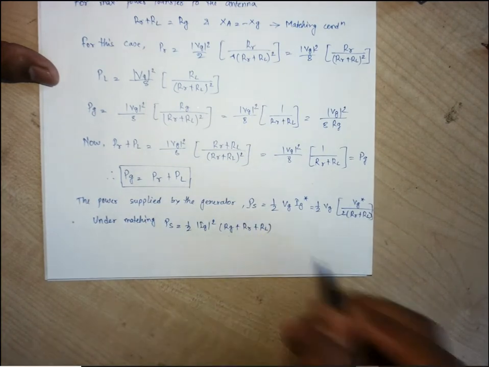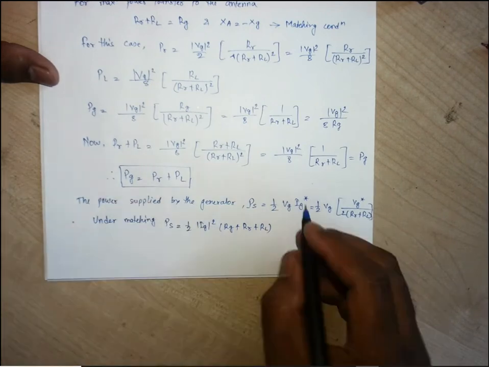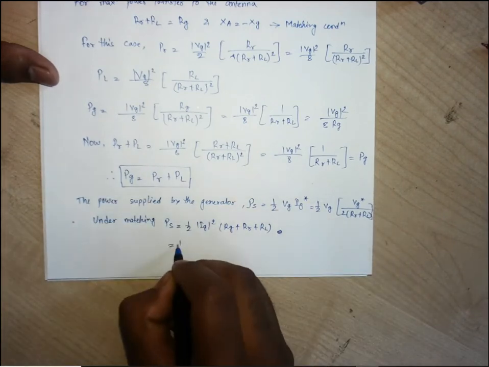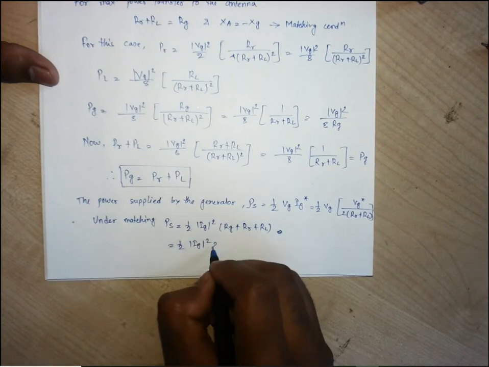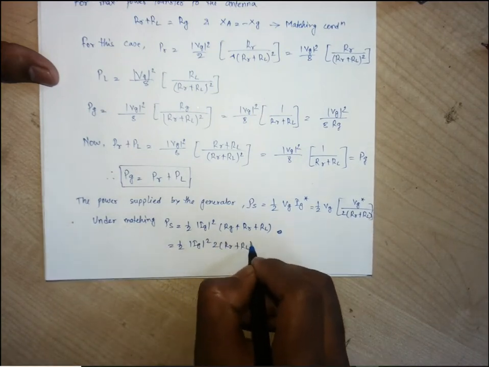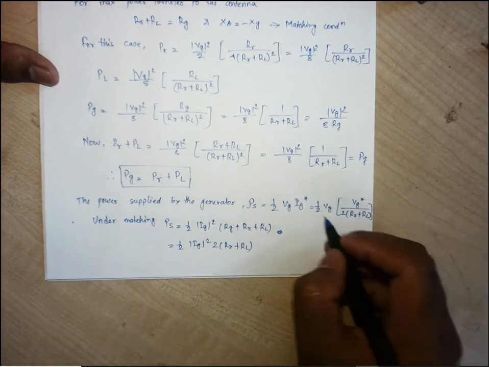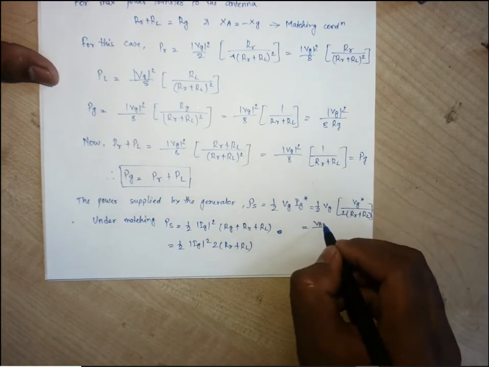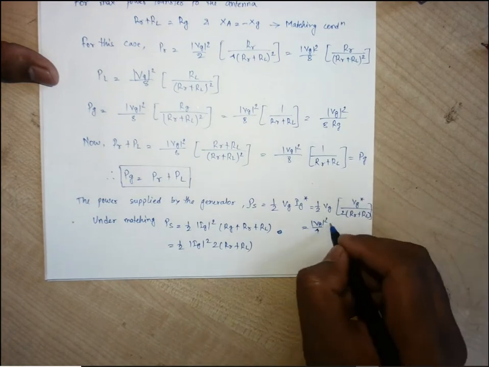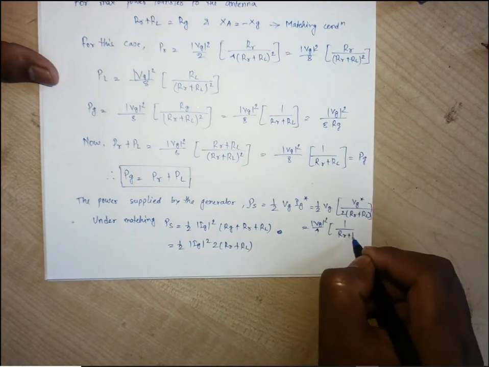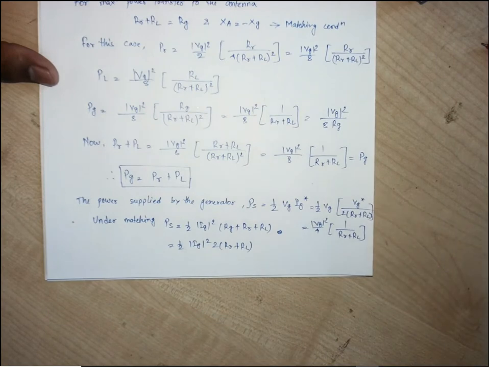So these two are the same, and we get half Ig squared into twice of Rr plus RL. We can also write this as mod of Vg squared by 4 into 1 by Rr plus RL. So this is the total power coming out of the source.